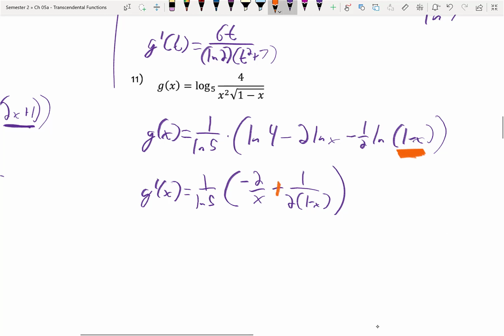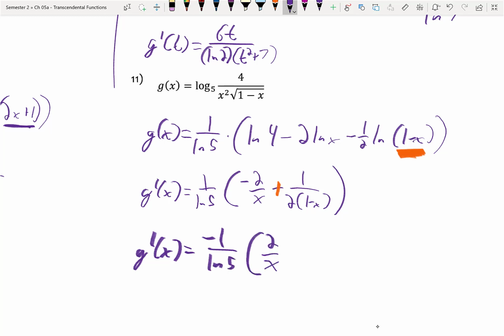So my cleanup step, if I can just kind of finish this for a second, what I'm going to do is actually factor a negative out and make this -1 over ln of 5. Make this 2 over x. And if I pull the negative out, this is going to be plus 1 over 2 times x minus 1. I switched the order of the x minus 1 so I could pull a negative out.